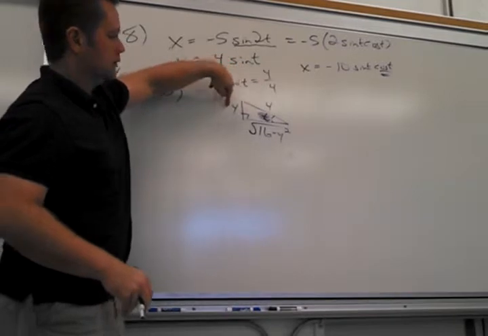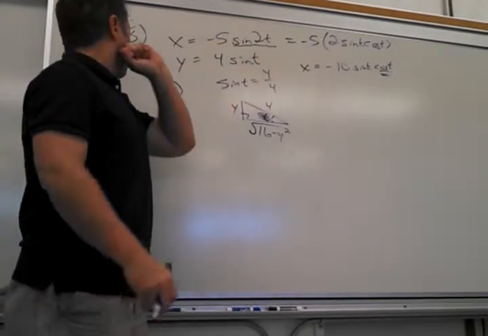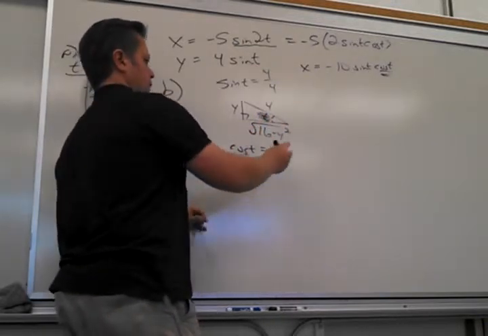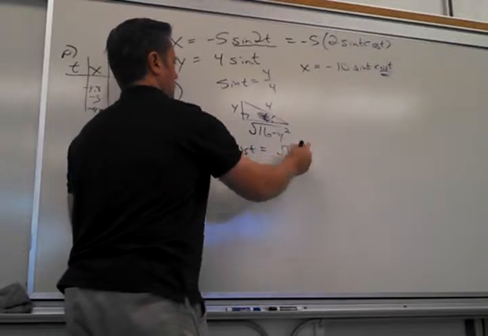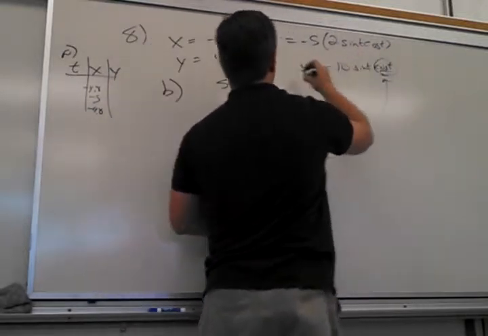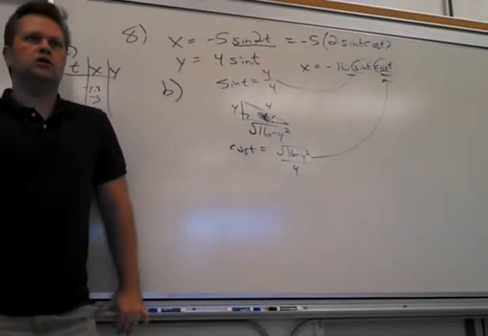Right, the biggest side squared minus the smaller side squared. So now I know cosine t is the square root of 16 minus y squared, over 4. Beautiful. So now you plug that in there, and then you're basically done. You've got your relationship between x and y.